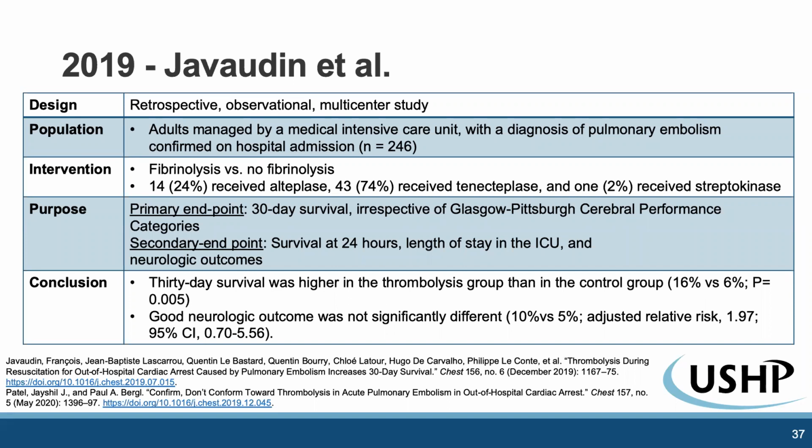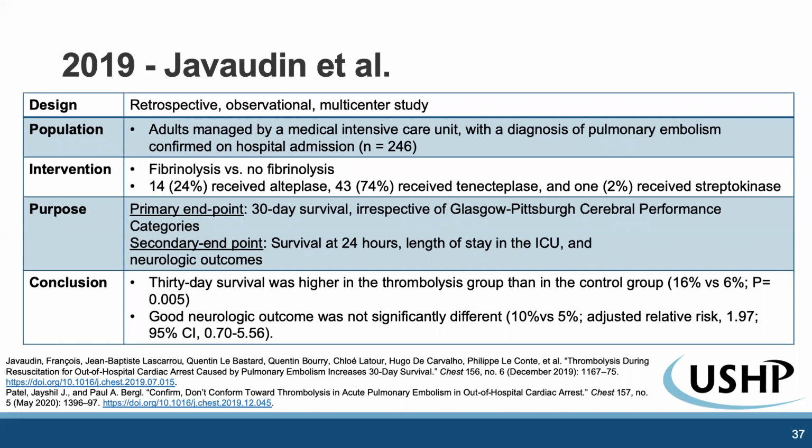And so through this study, we were able to conclude that 30-day survival rate was higher in the thrombolysis group than those in the control. And so this is assessing 16% versus 6% in our patient population, with a p-value of 0.005, which would be statistically significant in this circumstance.